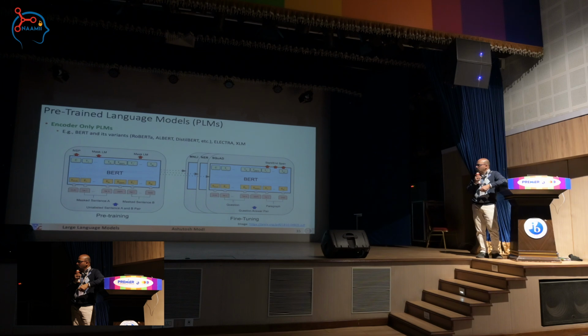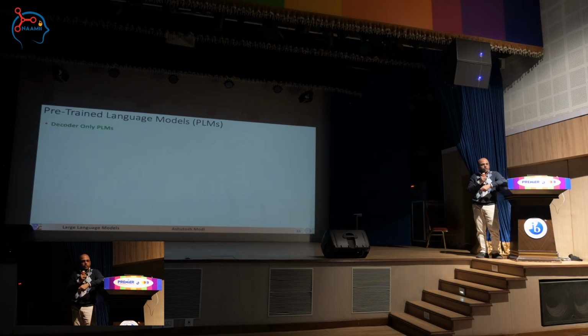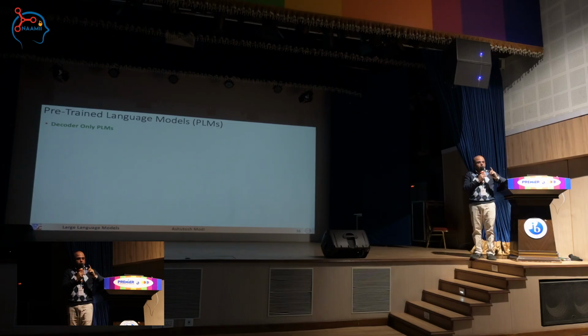So that's one. But then there were also decoder only models, where you ignore the encoder altogether and you use only a decoder. In the decoder, if you remember, you don't have the full self-attention, but you have a causal self-attention, where you only focus on the previous words, not on the future words.